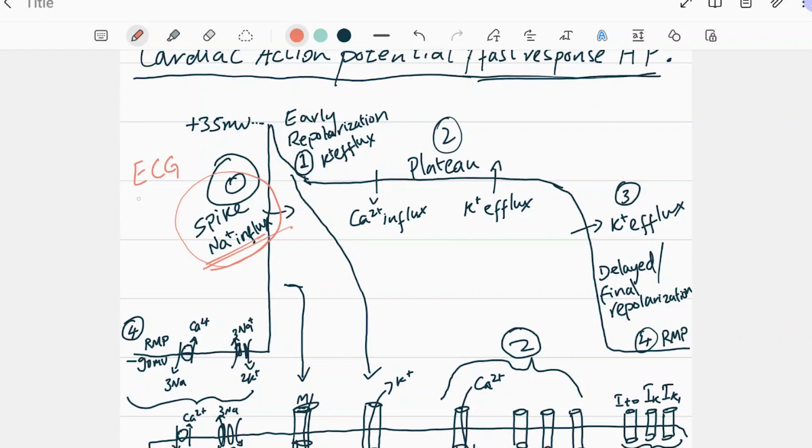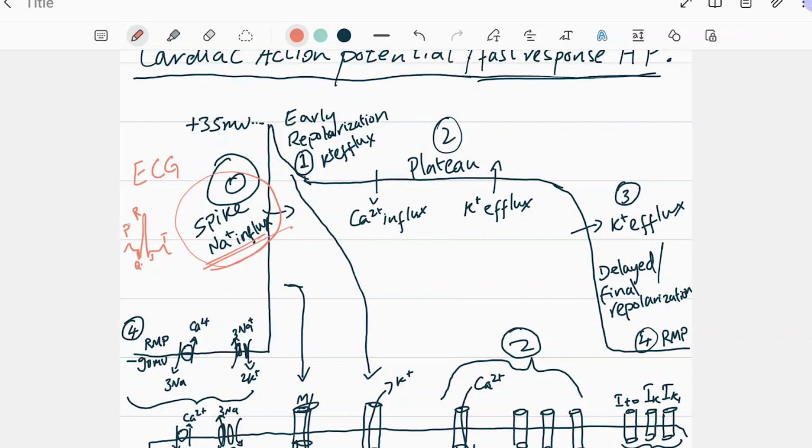So atrial depolarization is called the P wave, if we remember. There is the P wave, then there is the PQ segment, QRS complex, and T wave. P wave, Q is this negative wave going down here, R is the positive wave, S is again a negative wave that is going down here, and then you have the T wave over here.